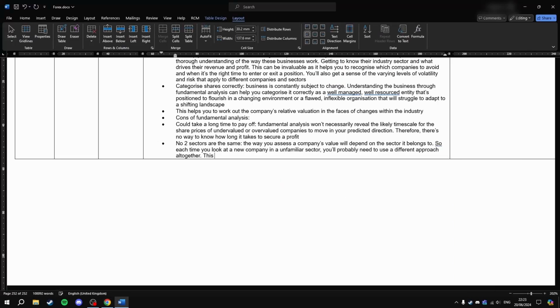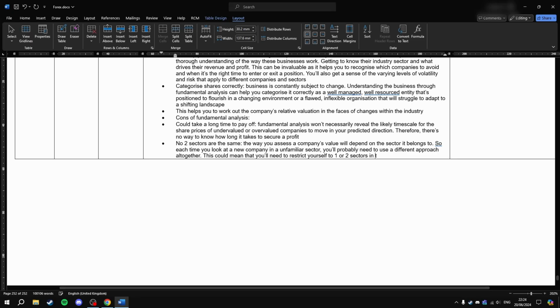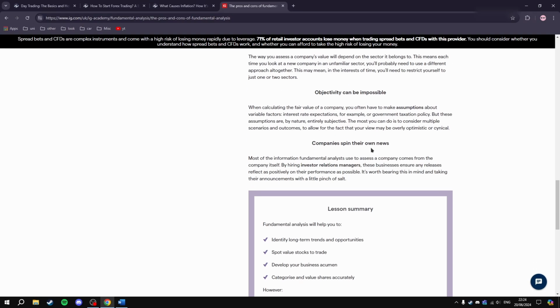So this could mean that you'll need to restrict yourself to one or two sectors in the interest of time.